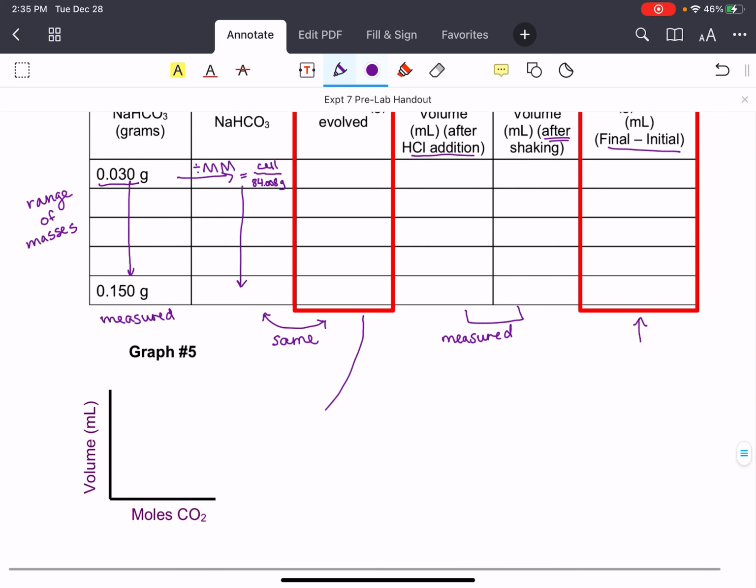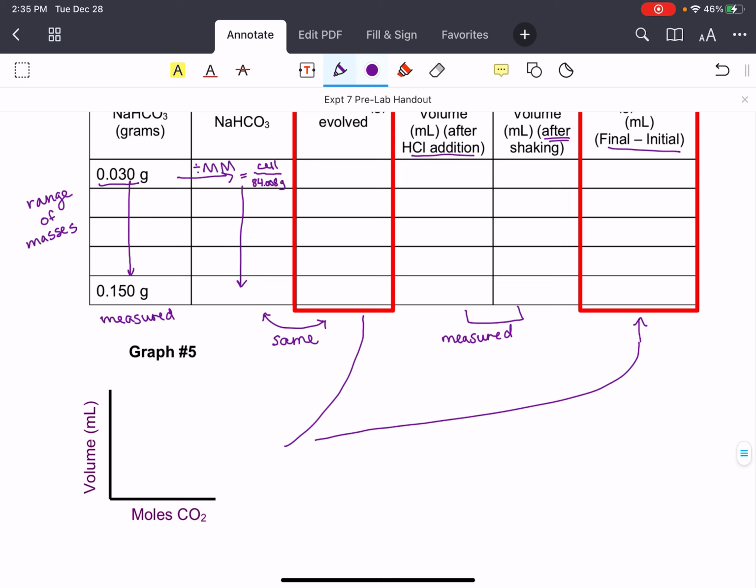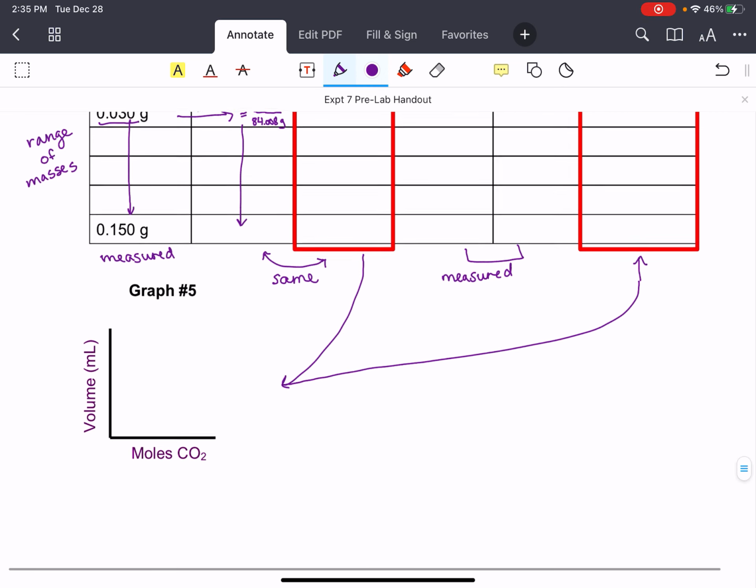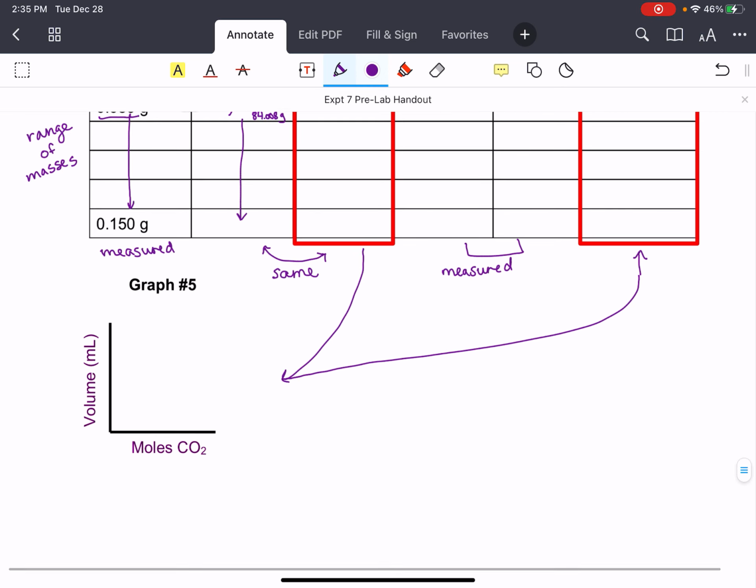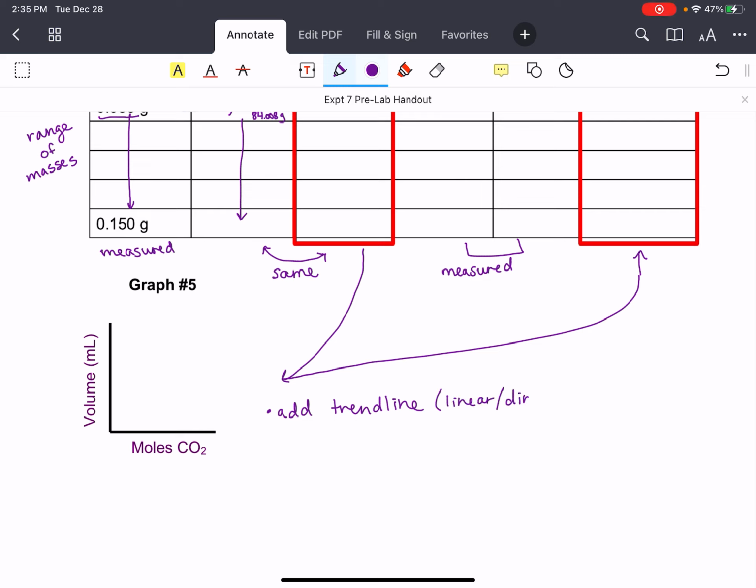So you will take the moles and the volume and prepare a plot. Notice we switch the axes on this graph. Then you will add a trend line and see the relationship is going to be a linear relationship or a direct relationship between moles and volume of gas.